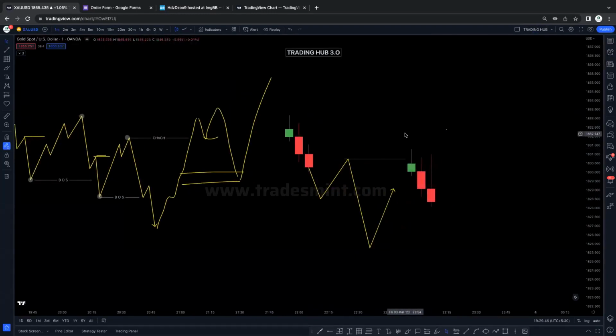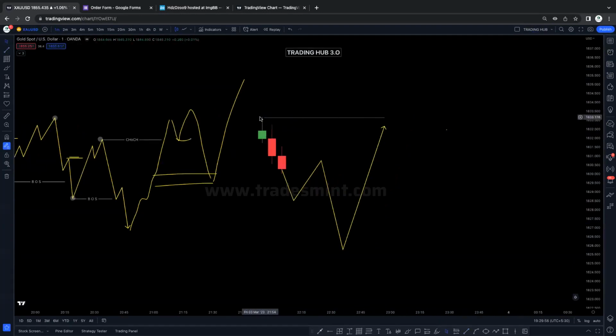Let's take this one and continue going higher, and the market takes out the previous high, and then the market pushes downside. The previous candle high is swept and pushed downside, and everything fits as per your plan, right?